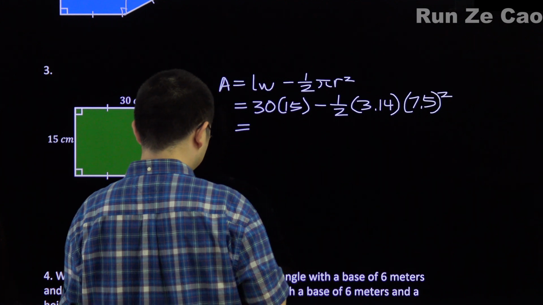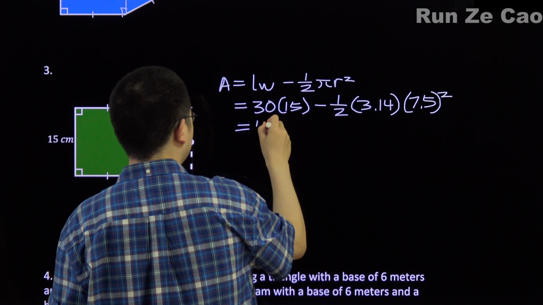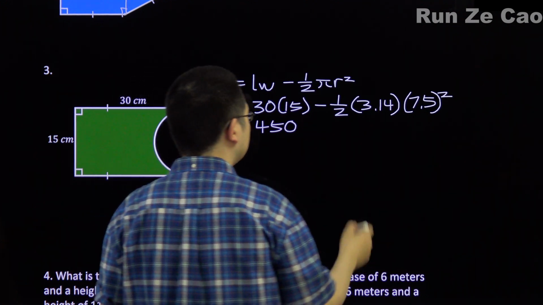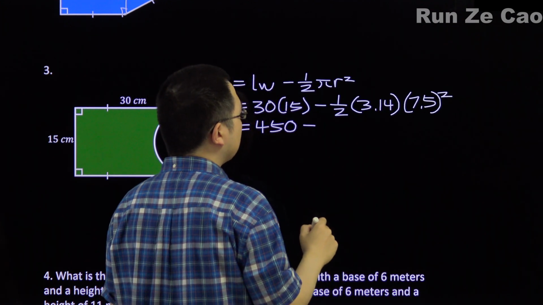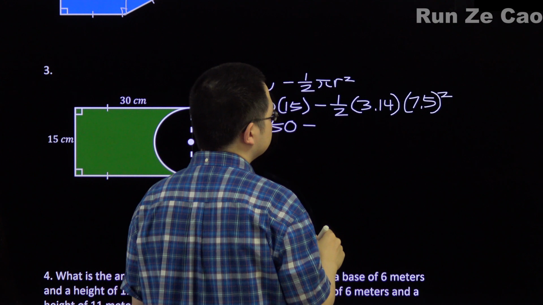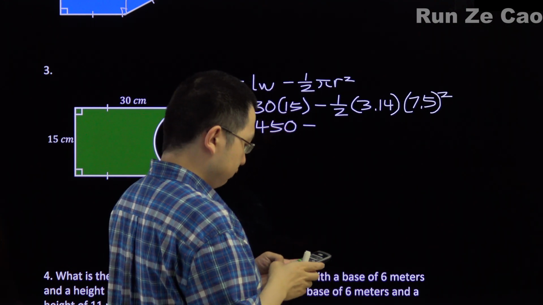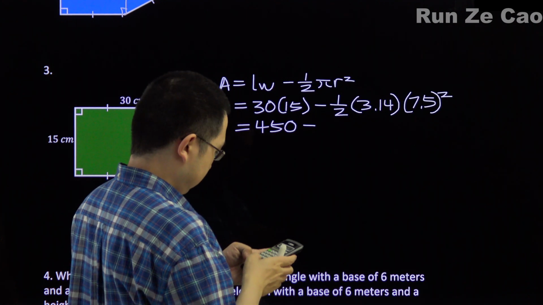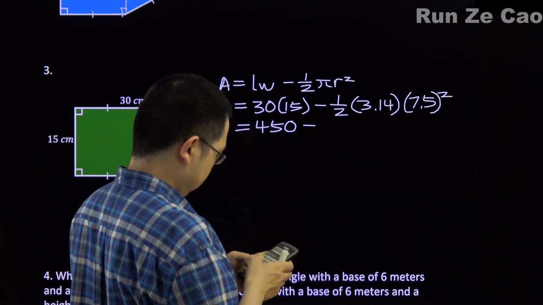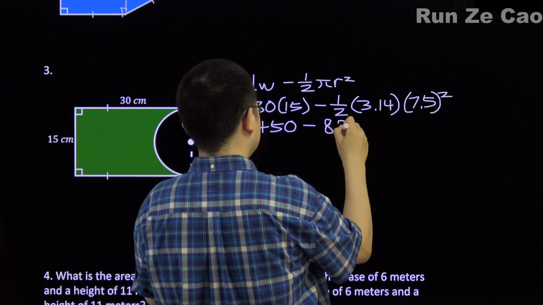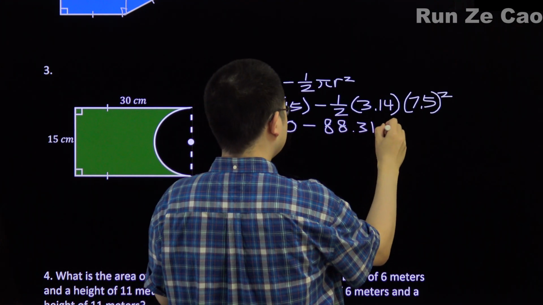So 15 times 30 is 450 in this case, minus 1.57 times that 7.5 squared is equal to 88.3125.